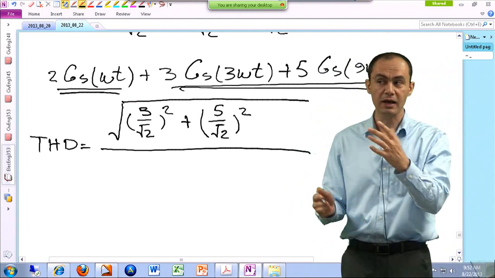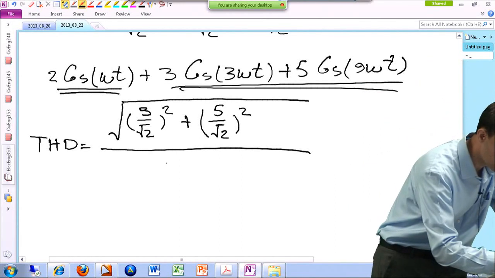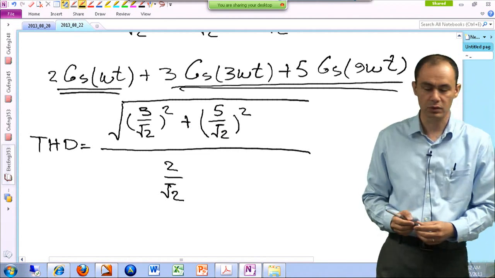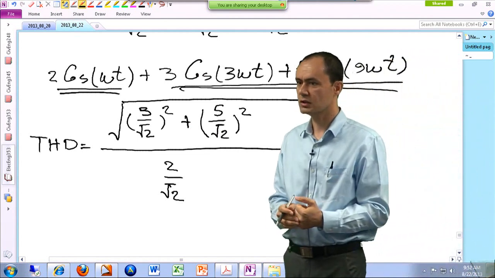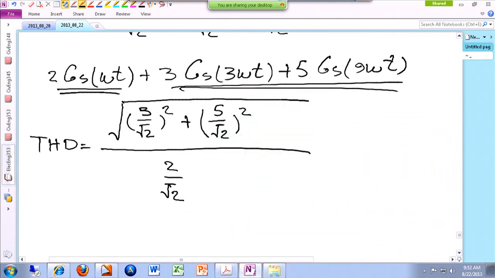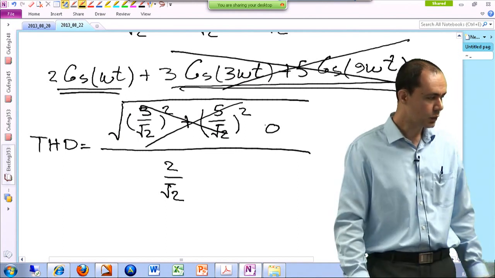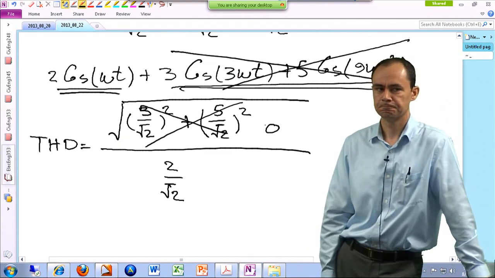On the denominator, I have my desired signal, which is 2 times cosine of omega t, so I have to write its RMS value. This would be 2 over the square root of 2. Whatever this expression is going to be is our total harmonic distortion. Now remember, if my signal was purely sinusoidal, or this thing didn't exist, this part was 0, so my THD was 0 in an ideal case. All right. Any questions?